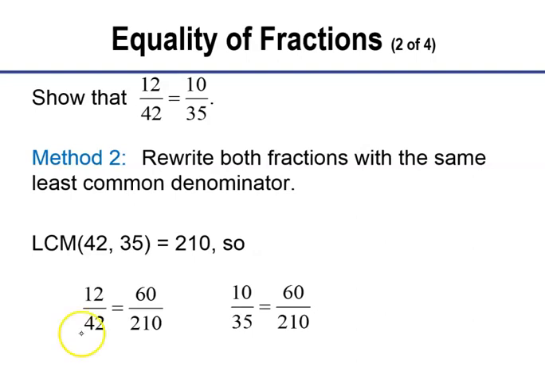We could say 42 divides into 210 5 times. 5 times 12 is 60. Remember, this is the first problem that we did together. 35 divides into 210 6 times. 6 times 10 is 60. And you see that you get the same fraction. So that would also prove that these fractions are equal.